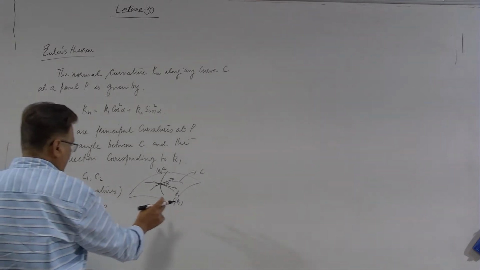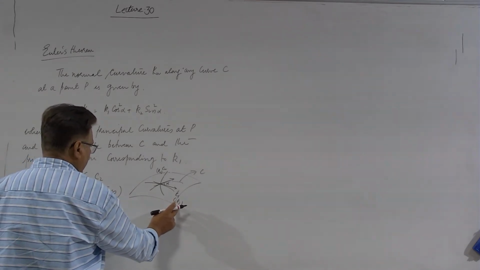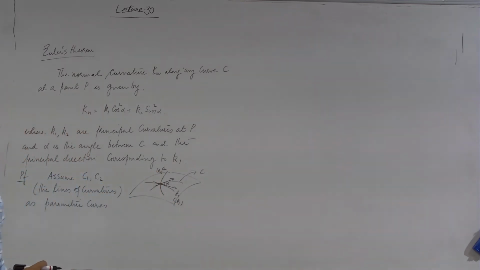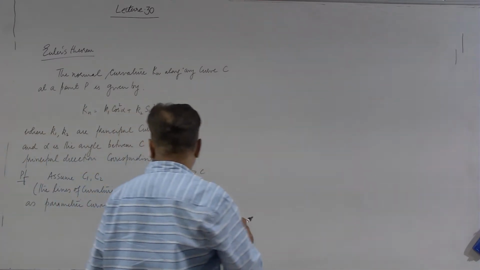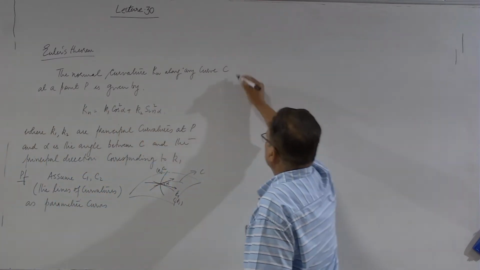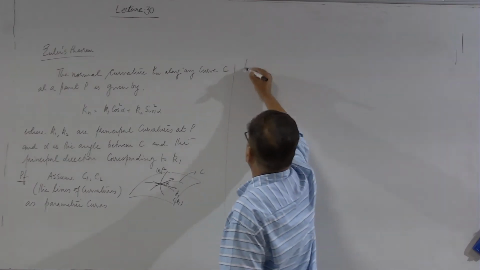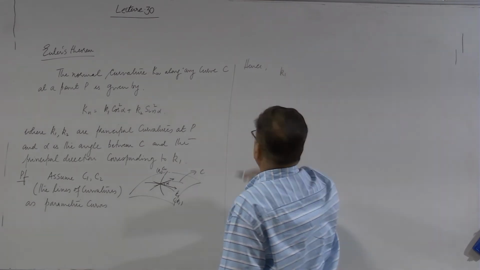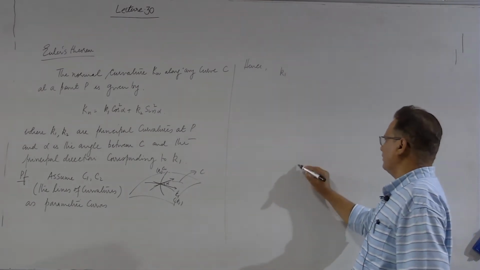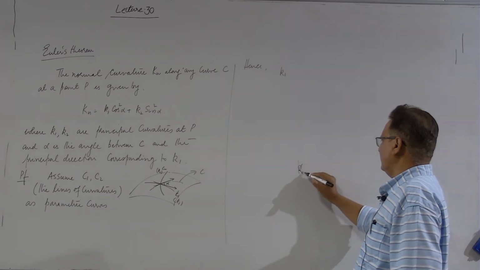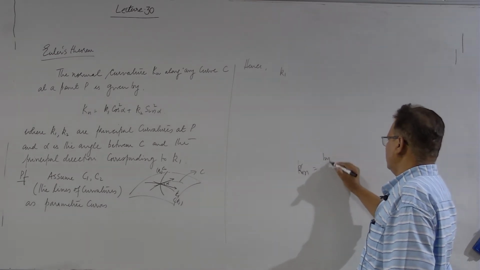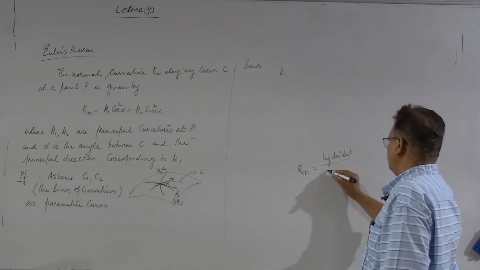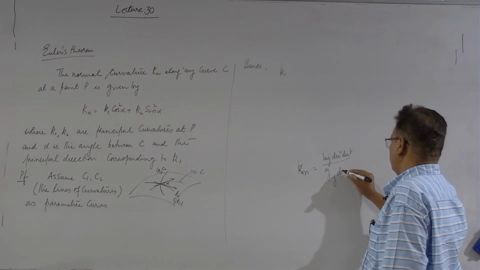So, this normal curvature is the principal curvature k 1, and this normal curvature is k 2. If you remember the expression for k n, it is given by b i j dui duj upon g i j dui duj.